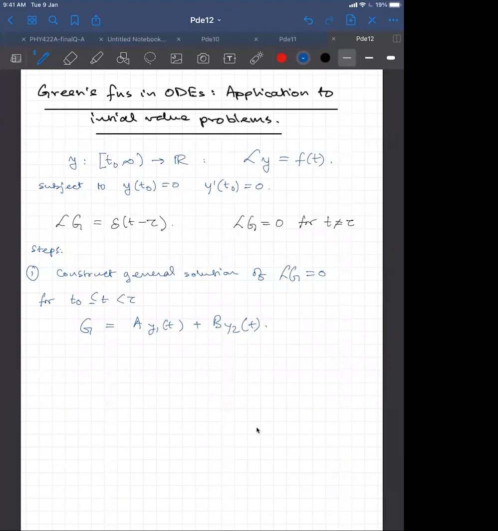Step two: in contrast to what you had for the boundary value problem, we will apply both the initial conditions to the solution.